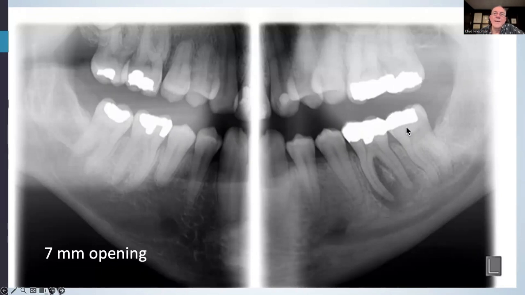And so a dentist who would have been unaware that this individual had FOP and did these fillings could very well have triggered an HO and caused this individual to be fully ankylosed.